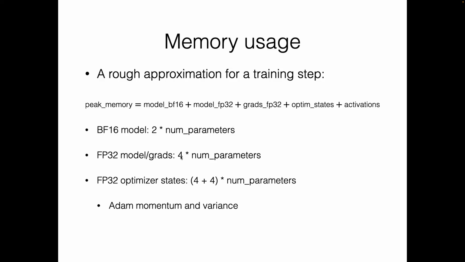That would be another multiplier of 4 times the number of parameters. And then let's say you're using Adam, then you have to store these momentum and variance states for each parameter. So that increases it even further: if you store them in 32-bit precision, 4 plus 4 times the number of parameters. And then I'll talk about them separately, but on top of all this, you have the activations. But you could see here that there's a lot of memory usage when you're training a model.